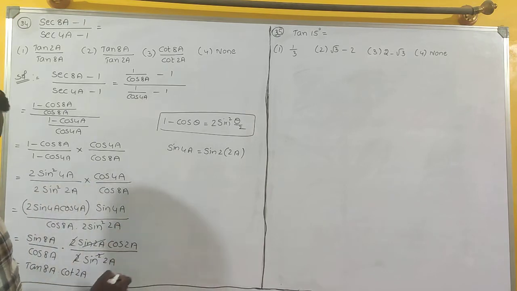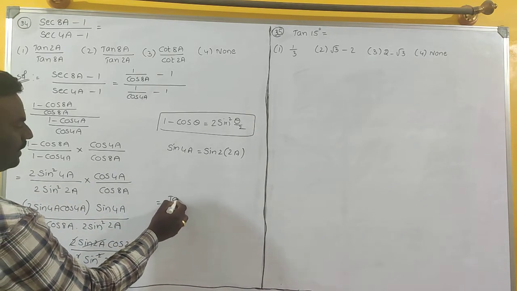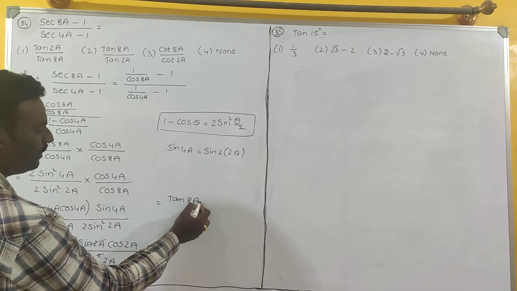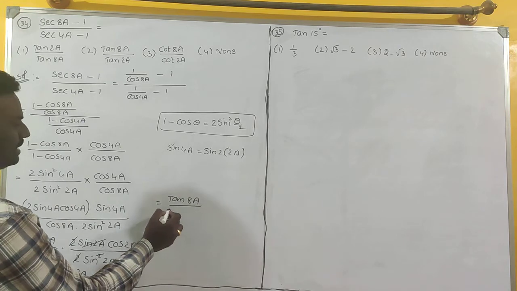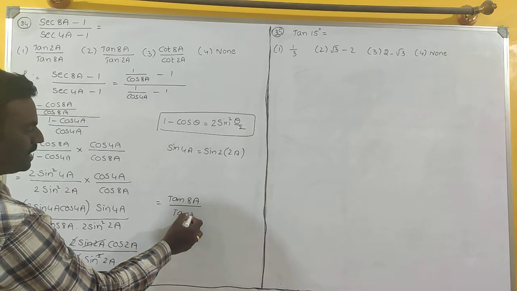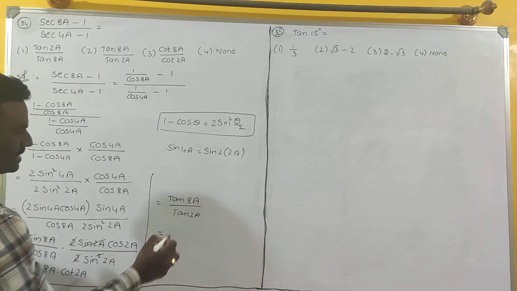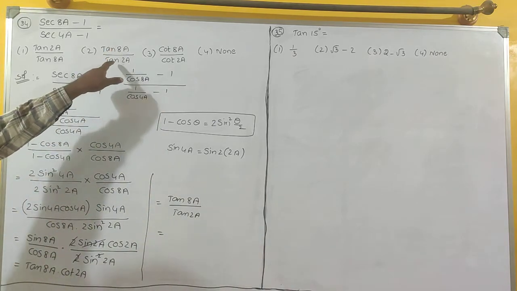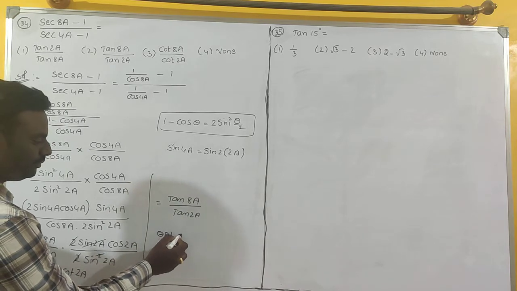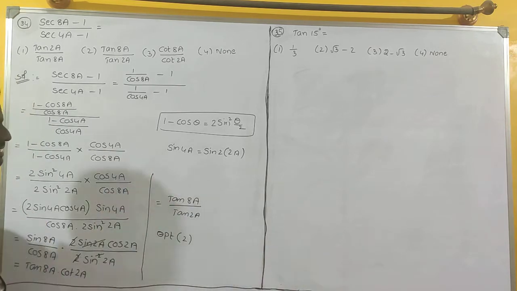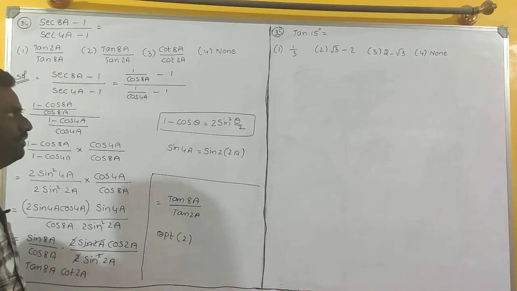That implies the answer is tan 8a by, this cot can be written as 1 by tan, that is tan 2a. That is nothing but tan 8a by tan 2a, that is option 2. It is the correct answer for question number 34.